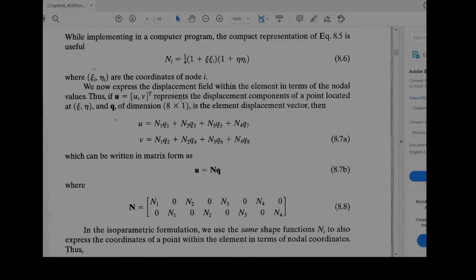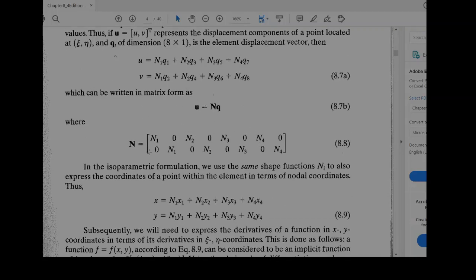So I can just say N1 times Q1, N2 times Q3, N3 times Q5, N4 times Q7, and then similarly for V, all the even ones will multiply with N1 to N4. We can write this in the 2 by 8 matrix that we saw, because there are now 8 elements in this, from 1 to 8. All the odd terms will multiply with the respective shape functions, and all the even terms will multiply with the respective shape functions.